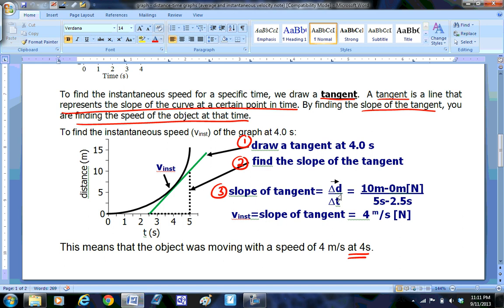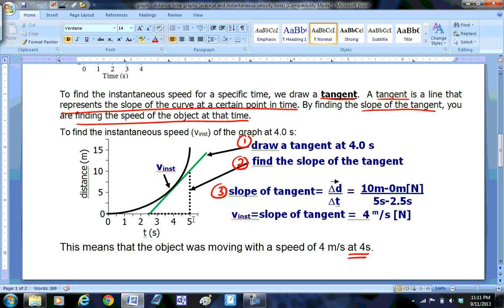So here, my rise is going from 0 meters up to 10 meters. So y2, 10 minus y1, 10 minus 0. For the run, I'm going from about 2.5 to 5.